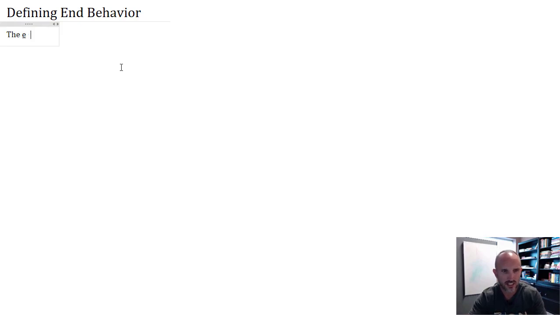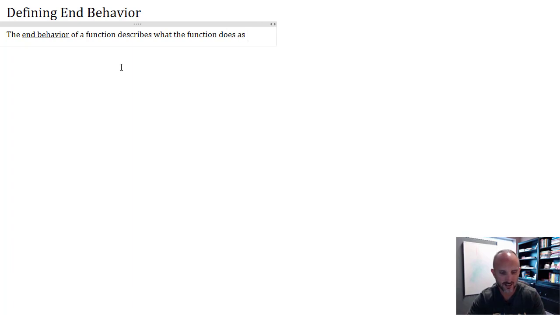So the end behavior of a function describes what the function does as x approaches infinity and as x approaches negative infinity.